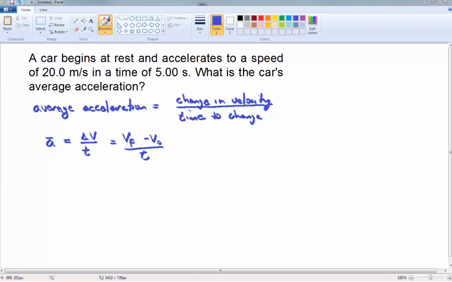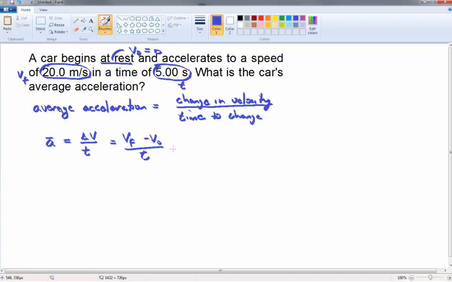We basically need this one, final minus initial divided by time. So here is the time, 5 seconds. This right here is the final speed, v final. And since it begins at rest, the initial speed is 0.